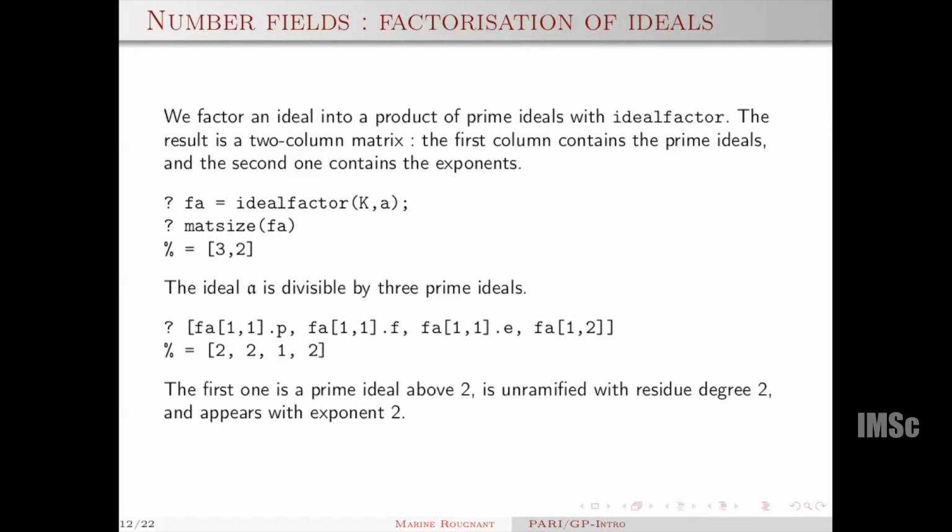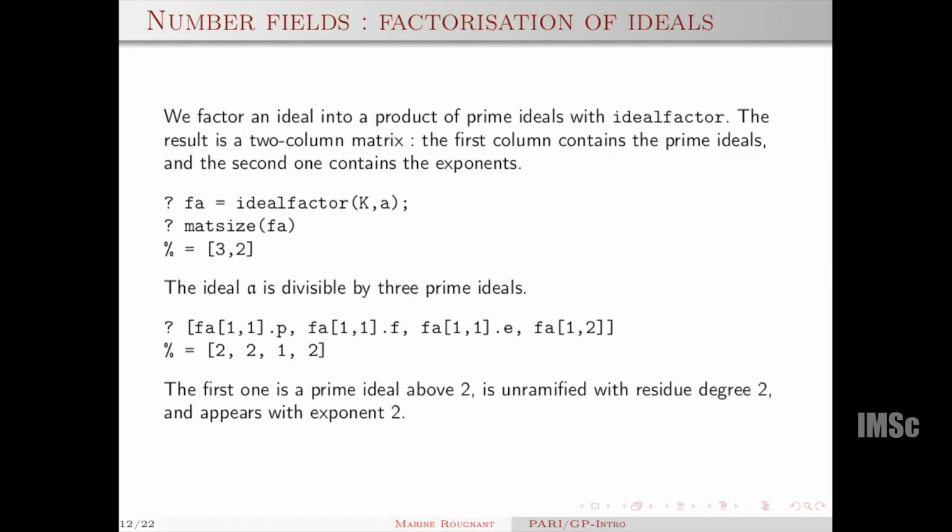So if we look at the first line of this matrix, this is related to the first prime ideal. So it's a prime above 2. With residue degree, dot f is the residue degree.